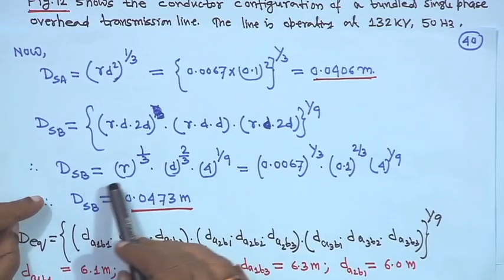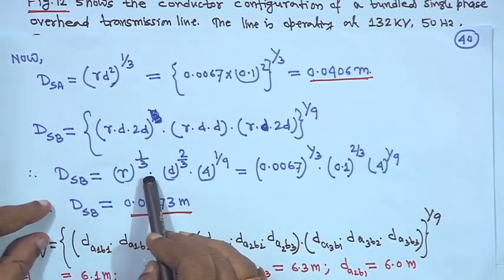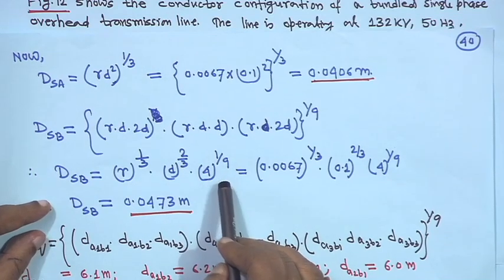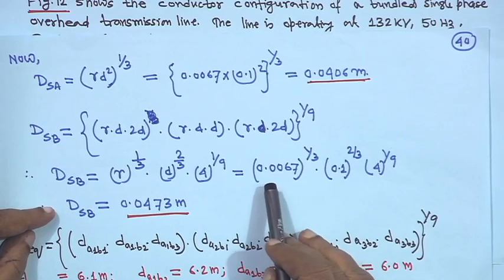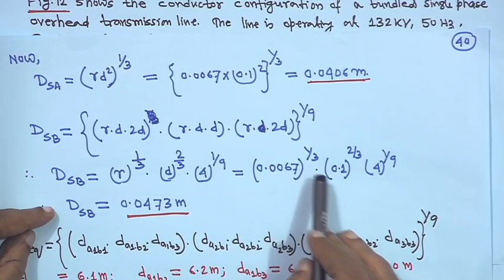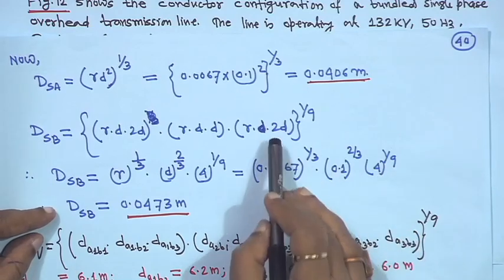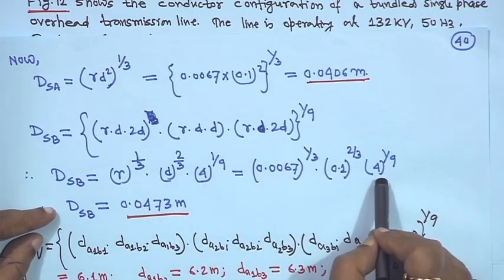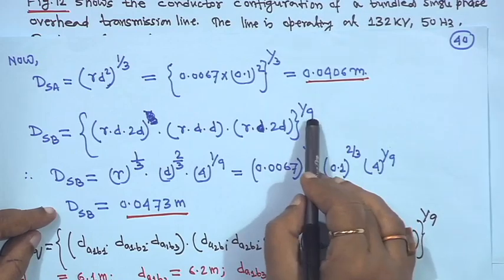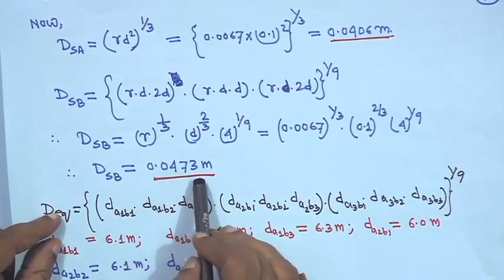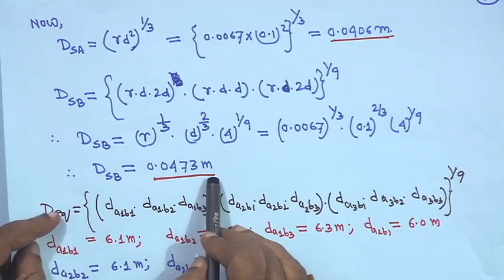Upon simplification it will come R to the power 1/3 into D to the power 2/3 into 4 to the power 1/9, right. So, in that case it will become 0.067 to the power 1/3 into 0.1 to the power 2/3 into 4 to the power 1/9, because 2 into 2 is 4, that is why separately taken as 4 to the power 1/9, right. Therefore, DSB will be 0.0473 meter, right.